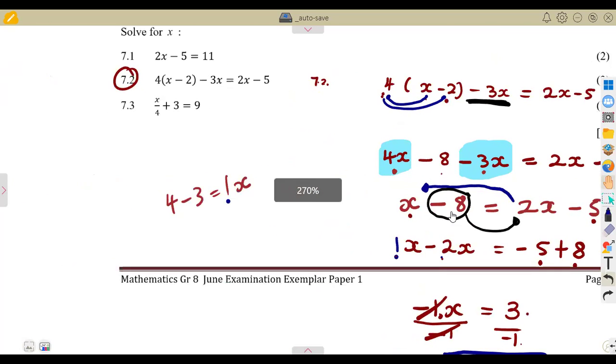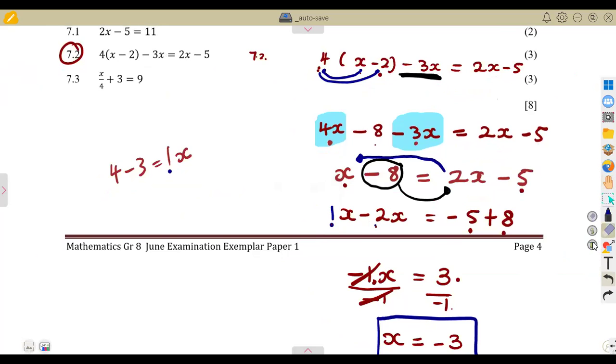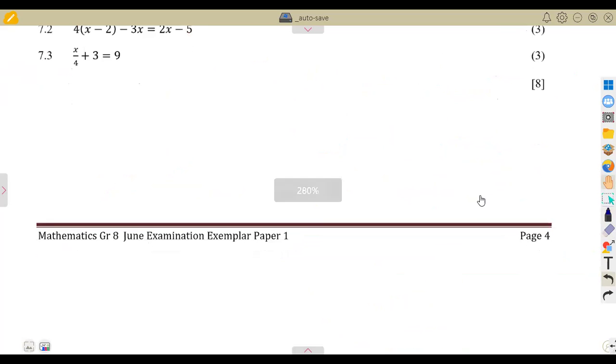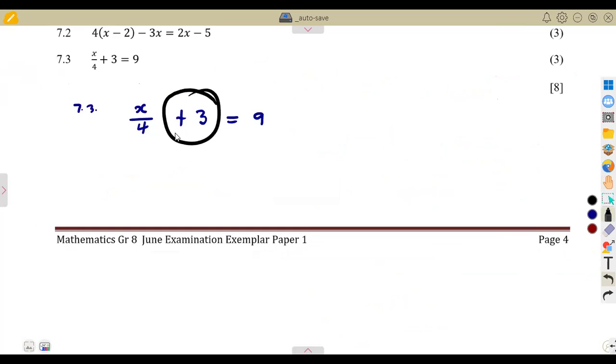All right, number 7.3, which is a fraction. There are so many ways that you can actually solve this one. x over 4 plus 3 is equal to 9. So this is what I can do. I can take this 3 because it's being added.